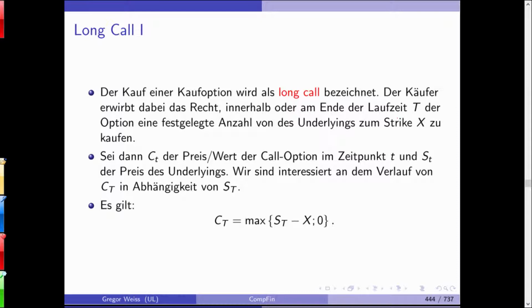A long call. I've stressed this yesterday in the risk management class. One needs to keep in mind that financial derivatives are always zero-sum games. If I win €1, someone else loses €1. And second, derivatives are always in zero net supply. So I cannot produce an option like I can produce a stock. For example, I can issue stocks.